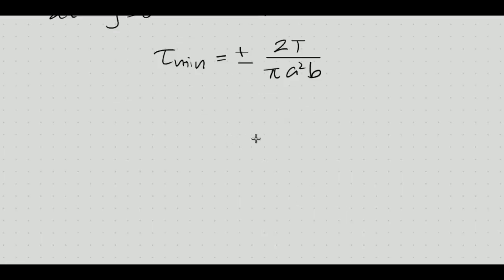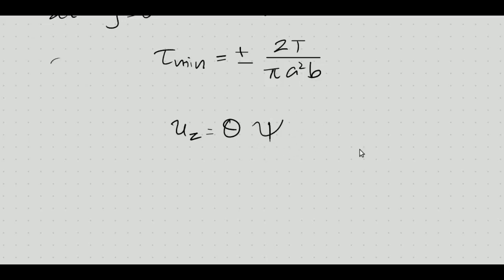Now we will look into the distortion of the elliptical cross section because of twisting. We know that for every cross section, uz, the displacement in z direction, can be calculated as θ into ψ, where ψ is the warping function, which is A into xy.